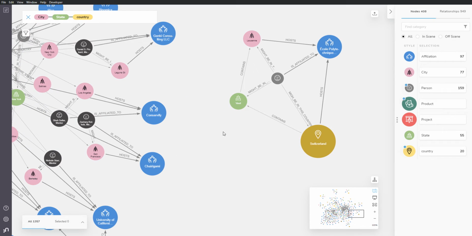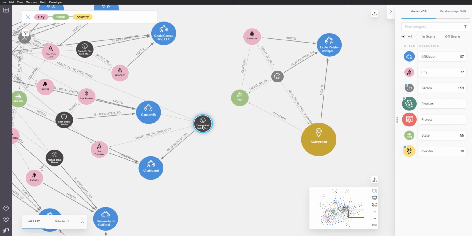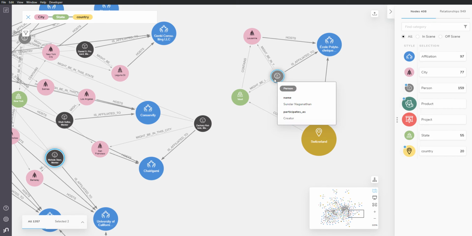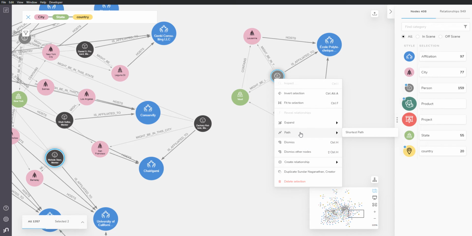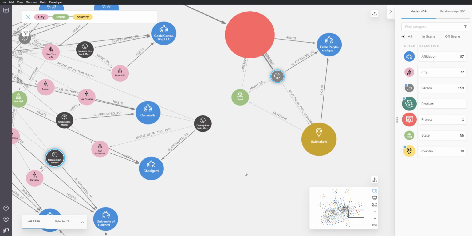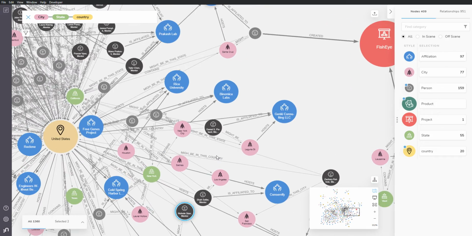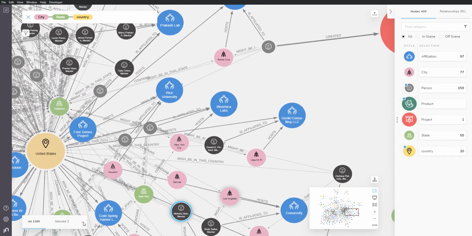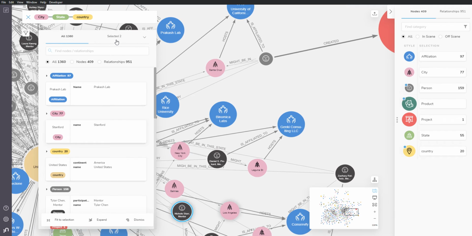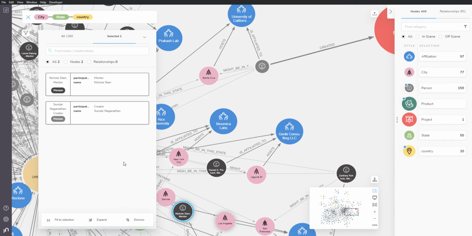And then we can also apply some algorithms on shortest path. So, for example, this person, Nicole, wants to contact this person, Sundar. The shortest path, I mean, would be Discord, but through the Fisheye project, and here are the two selected.